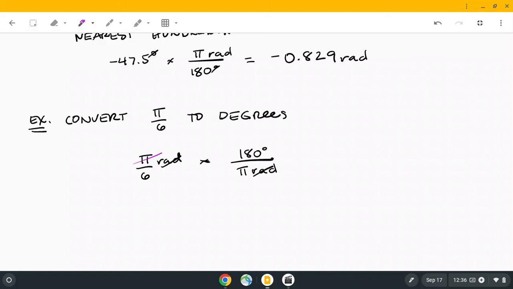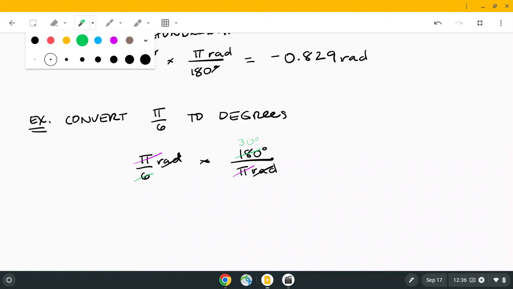So the pi and the pi will cancel. And then the 6 and the 180. 6 goes into 180 30 times. And so here we see that we end up with 30 degrees.